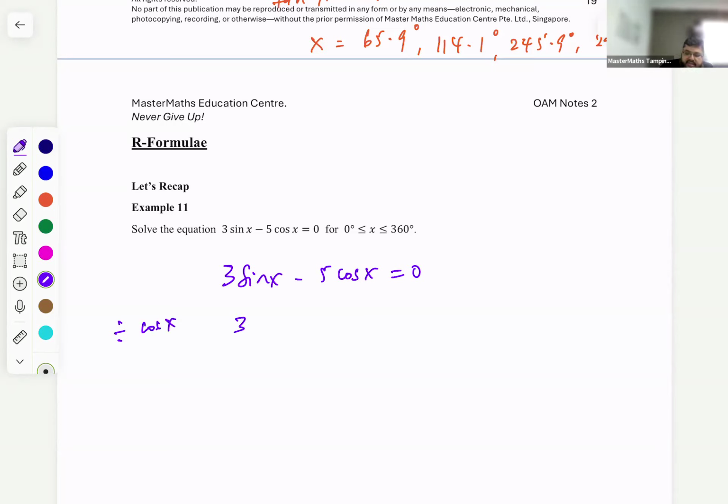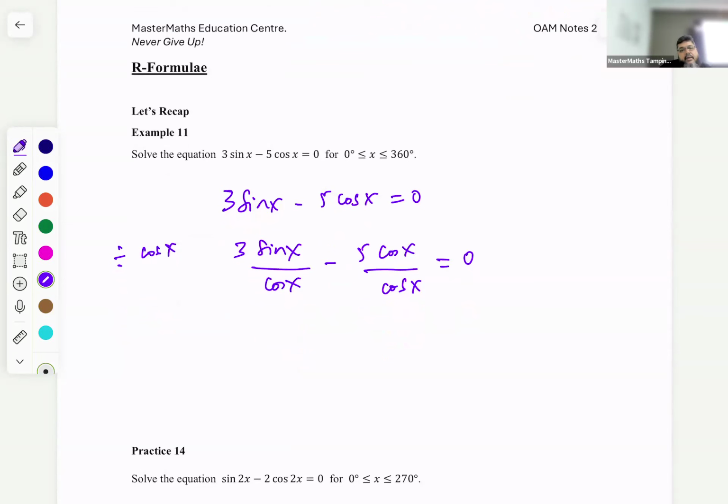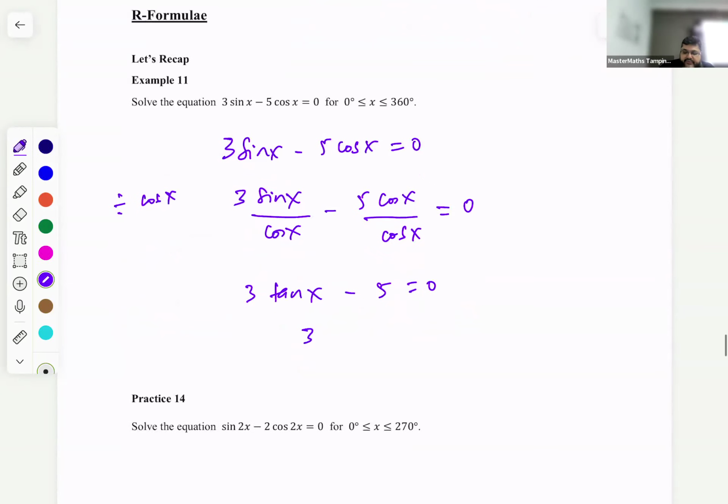So it becomes 3 sine x over cos x, and 5 cos x over cos x, equal to 0. Then you have 3 tangent x minus 5 equal to 0. So you have 3 tangent x equal to 5. Tangent x is now equal to 5 over 3.